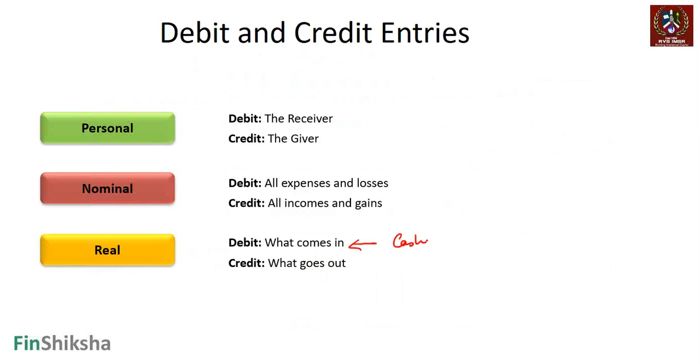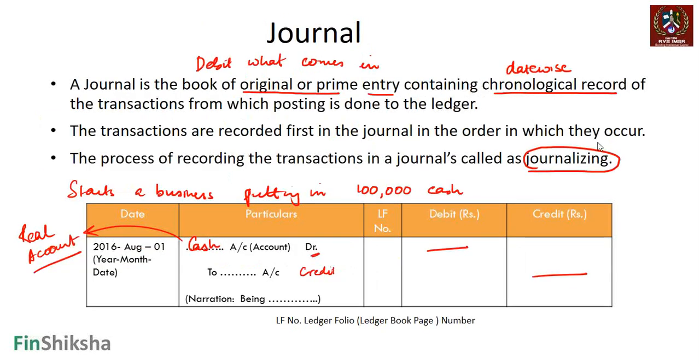So cash comes in, and remember, capital account is basically a personal account. Someone is giving that capital, right? So who's the giver? The person who's giving that capital, we have to credit that, right? So effectively the capital account will get created here, and that is what is credited, and the cash account is what gets debited, right? Let's record it there.